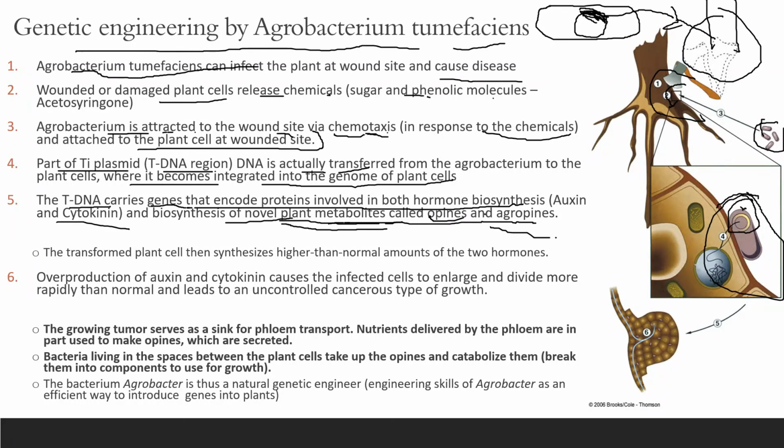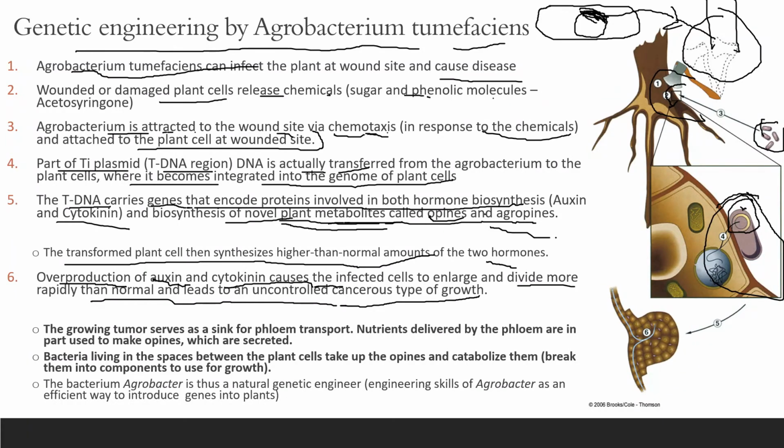The transformed plant cell then synthesizes higher than normal amounts of these two hormones. Overproduction of auxins and cytokinins causes the infected cell to enlarge and divide more rapidly than normal, leading to uncontrolled cancerous type of growth. This is the picture of uncontrolled growth in the plant cell when the transfer is over.